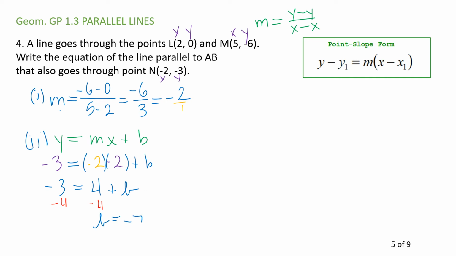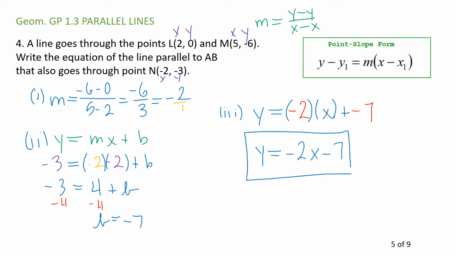B is equal to -7. Y equals slope times x plus y-intercept. And that's that. Look at the next one.